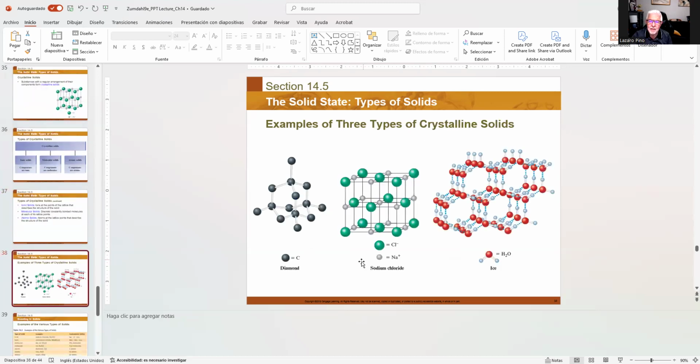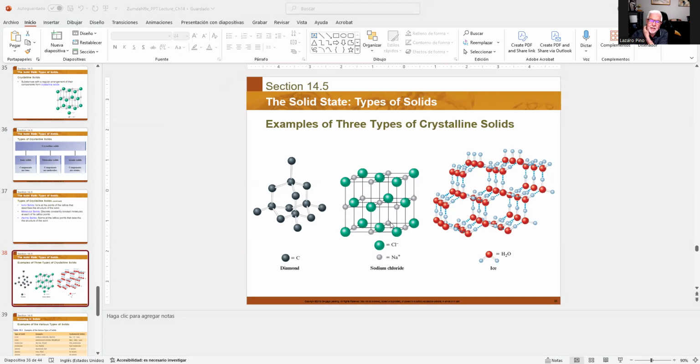Here you have three examples of solids: the diamond, the sodium chloride, and ice. Diamond is made of carbon atoms.